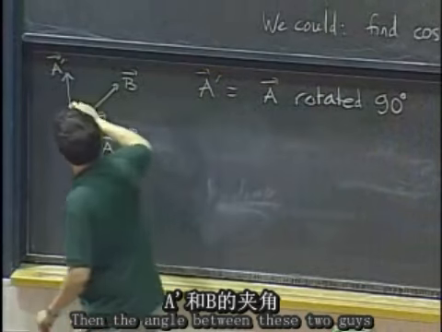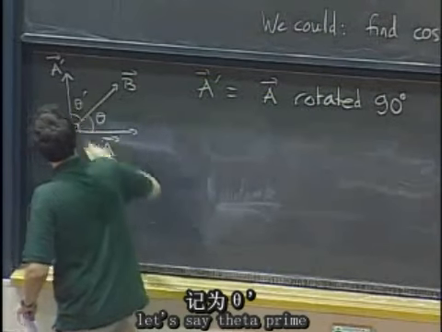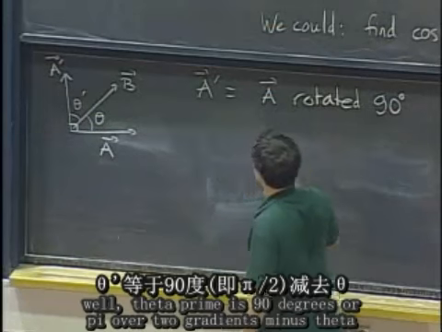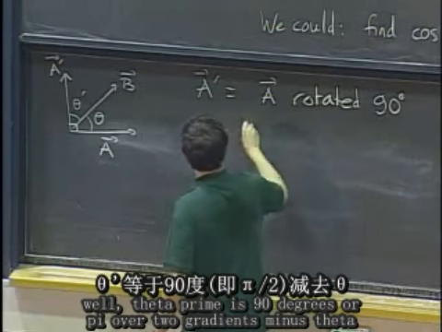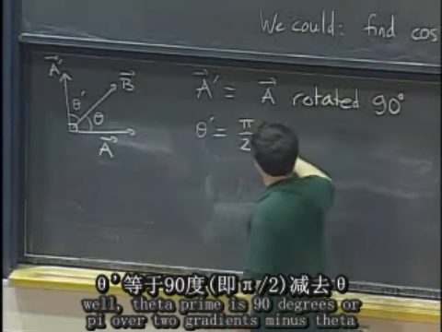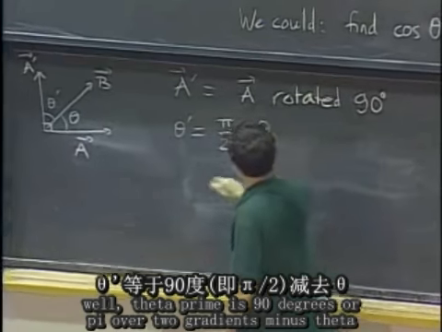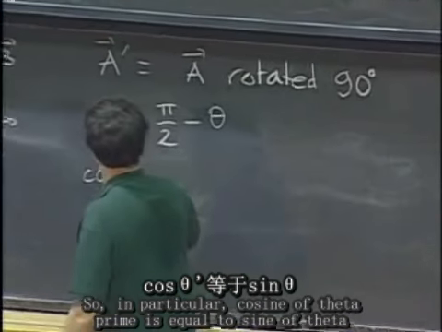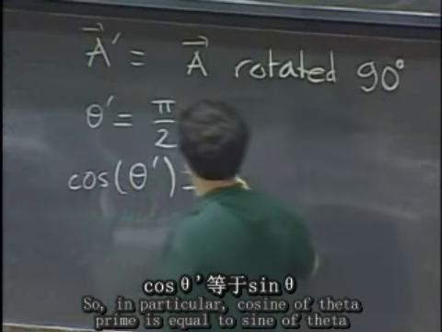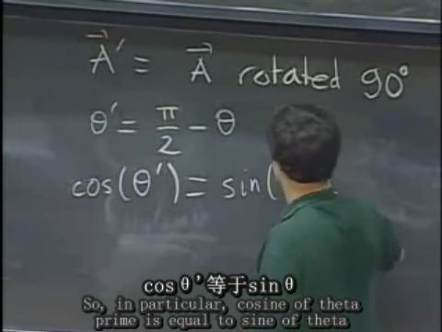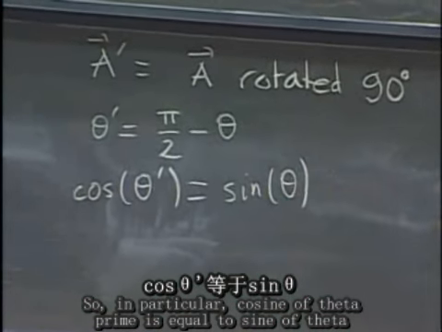Then the angle between these two guys, let's say theta prime, well, theta prime is 90 degrees or pi over 2 radians minus theta. So in particular, cosine of theta prime is equal to sine of theta. Okay.